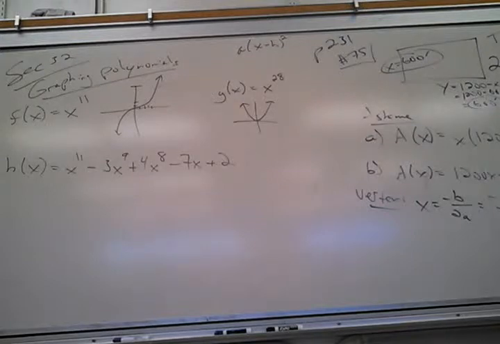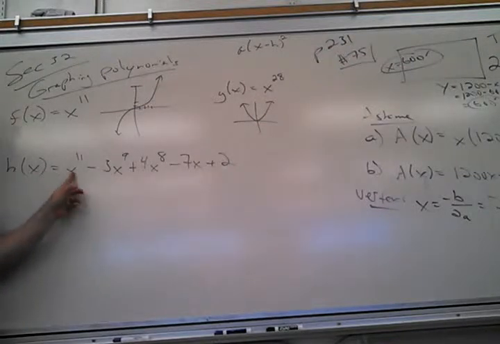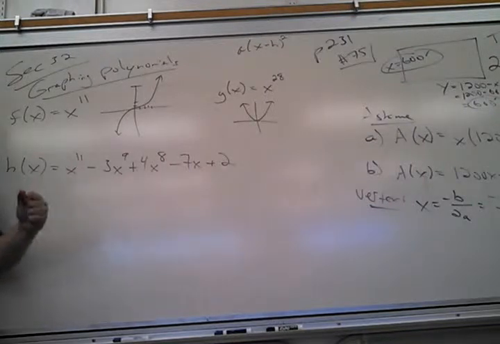So real quick, why would there be some major difference? Well, because when x gets really small, when the values I'm plugging in for x are really tiny, this gets extremely tiny. Right? Tiny to the 11th power is extremely tiny. You guys with me? 0.1 times 0.1 is 0.01.